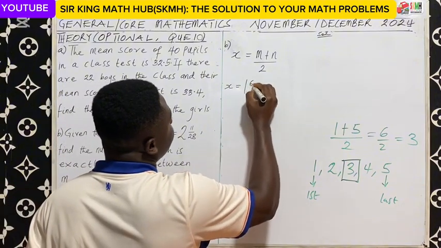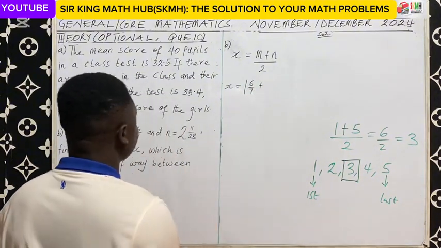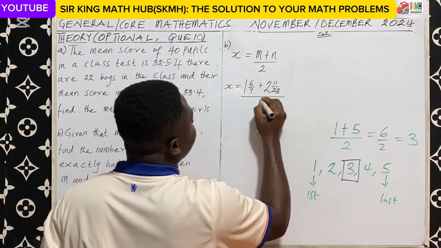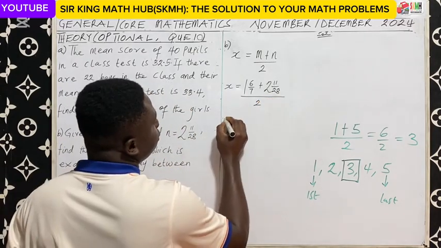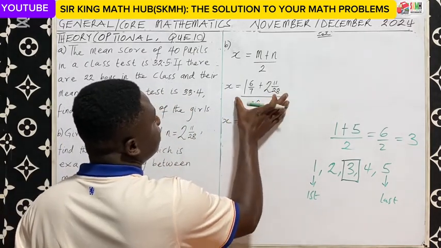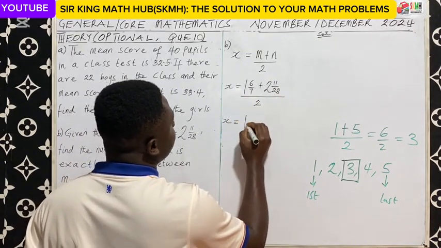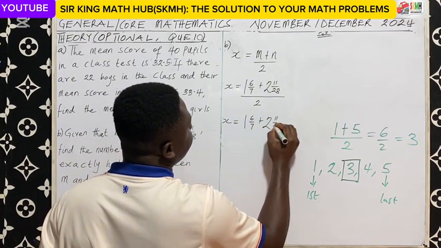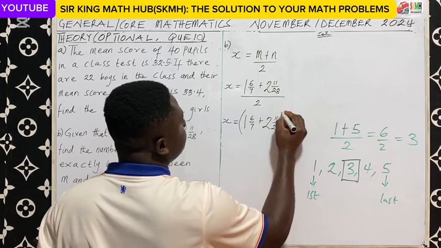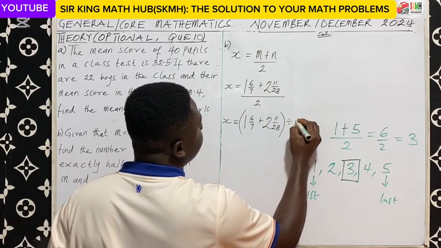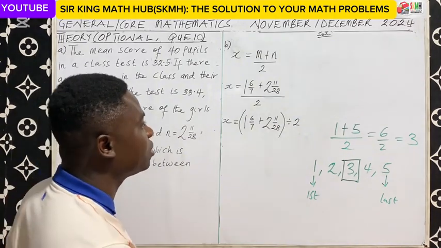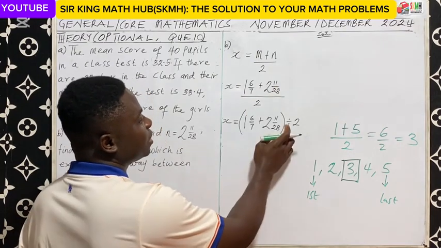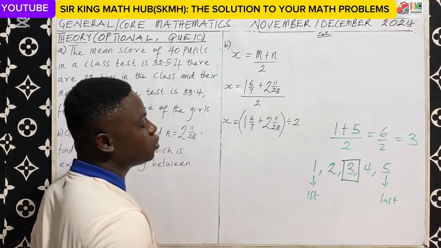So M, we have one whole number 6 out of 7, plus N, two whole number 11 out of 28. So we divide everything by 2. So now X is equal to one whole number 6 out of 7, plus two whole number 11 out of 28, divided by 2. Nothing has changed. I've changed the format to this one. The division is here. So divide by 2.